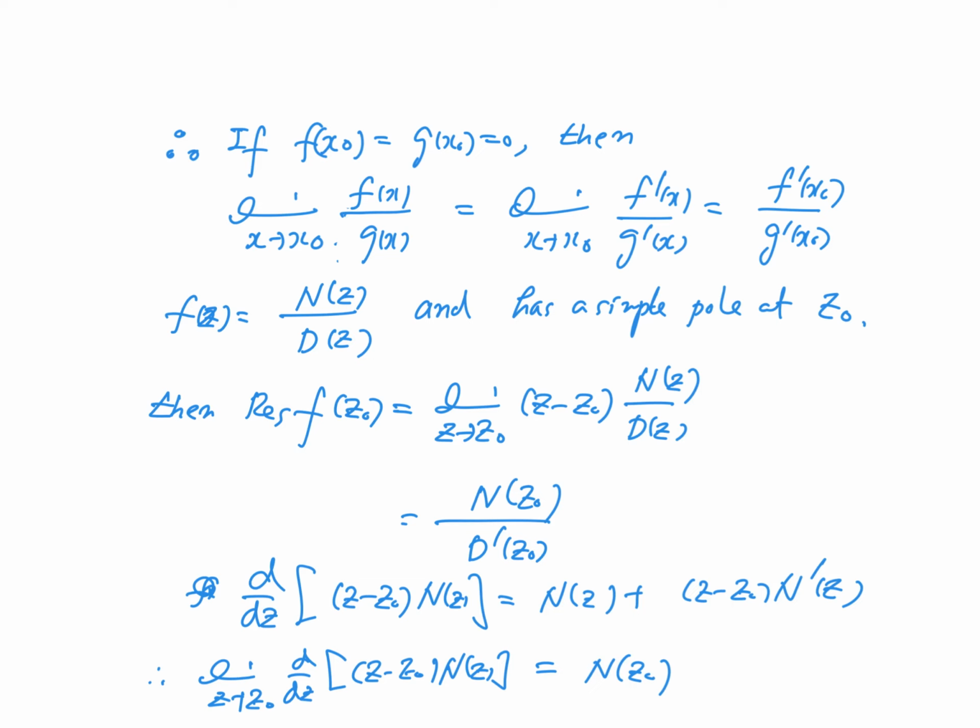So this property is very useful, so I'm going to use it many times. And probably maybe 80% of the cases are simple poles. But nevertheless, it's going to be useful to know the general case.